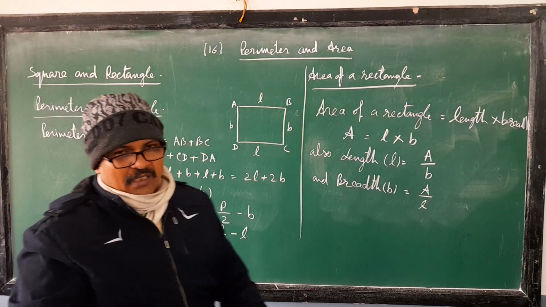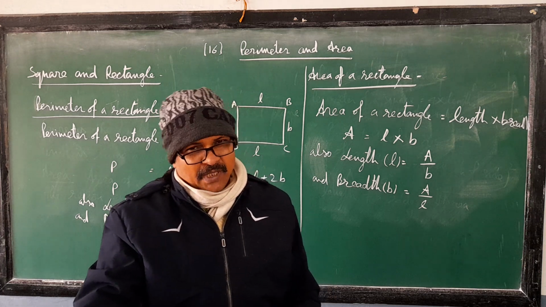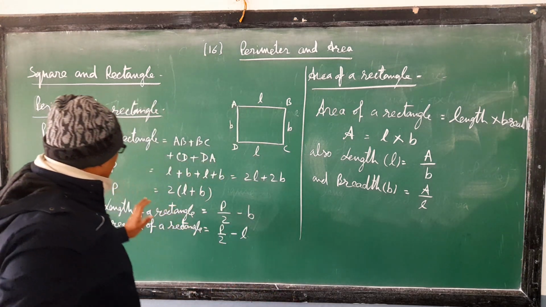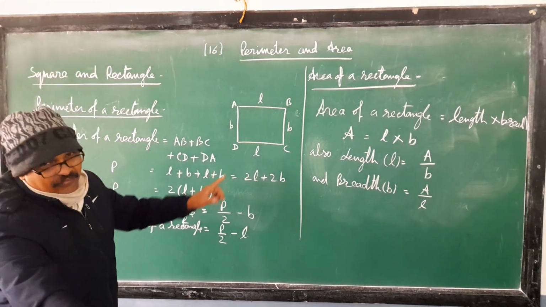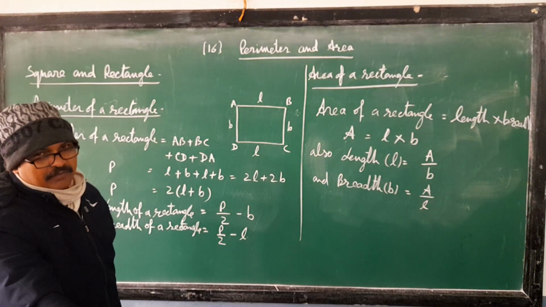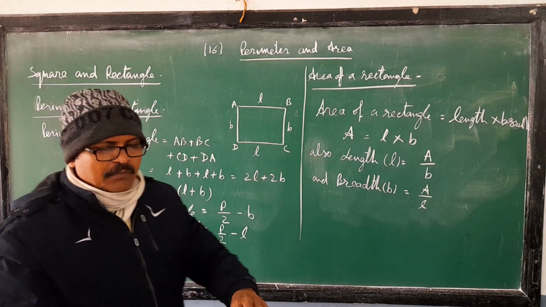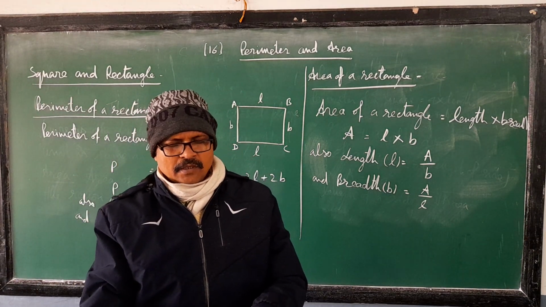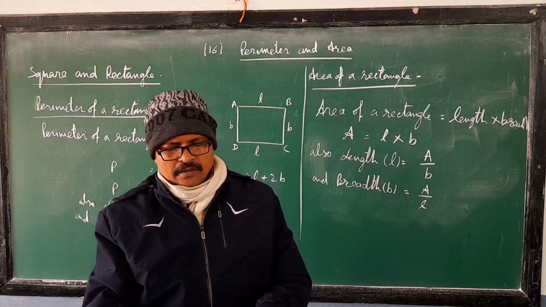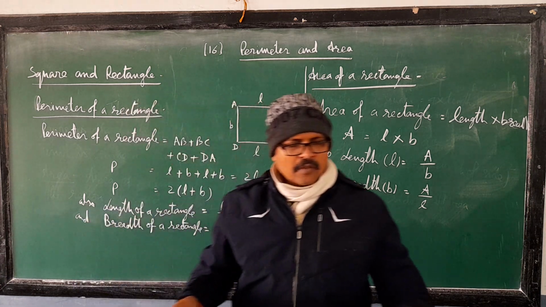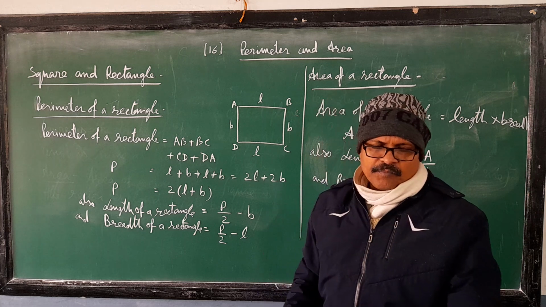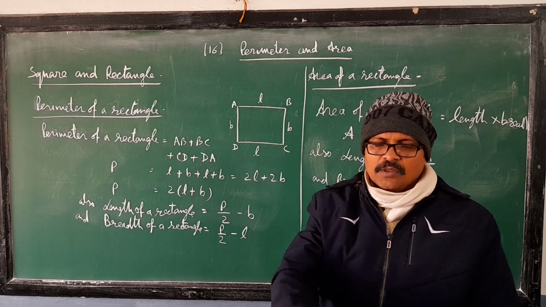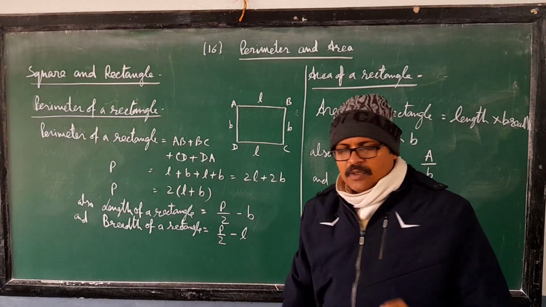So see, two formulas, perimeter and area, for square are there, and two main formulas for perimeter and area of rectangle are there. And some more units are there. You can see on this page, some units are given. See on page number 300. Conversion of units is written in your book. I can write also.